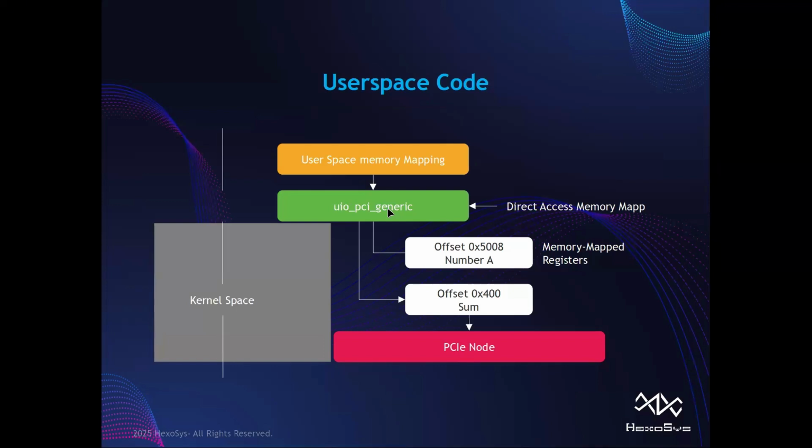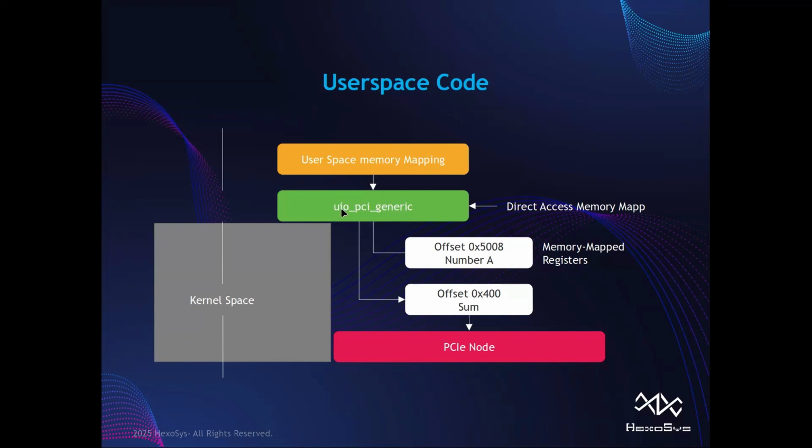So you don't need to write any kernel mode driver, and you can easily memory map the handle of this driver that it provides, then you can use that to memory map to the virtual address of your user space application, and then easily you can read and write any registers of your PCI device.